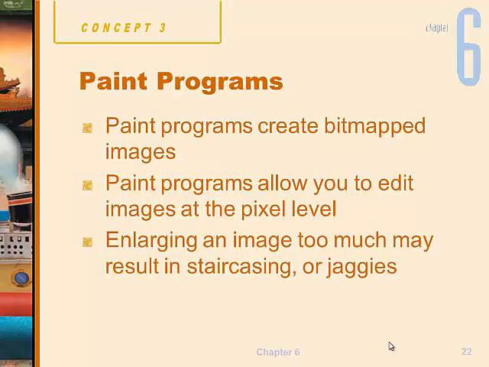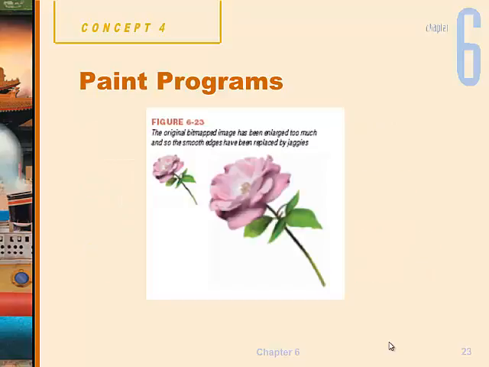Paint programs create bitmapped images. They allow you to edit images at the pixel level. Enlarging an image too much may result in staircasing or jaggies, as they call it, where the image is distorted around the edges. And here it shows an original bitmap image that's been enlarged too much.